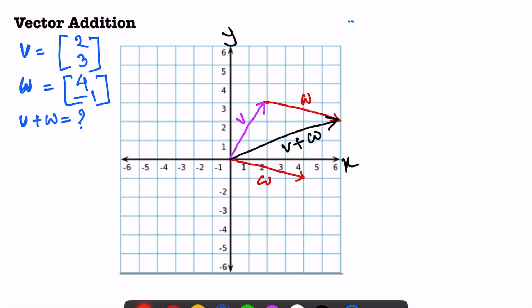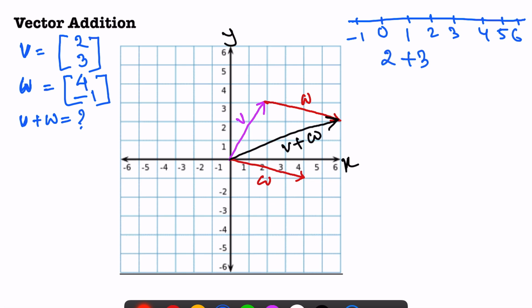Consider how we add two numbers. Let's say we want to add 2 and 3. How do we add this? From 0, we move 2 steps in positive direction. Then from that point, we move 3 steps in the positive direction again.